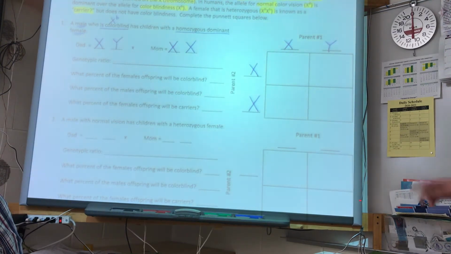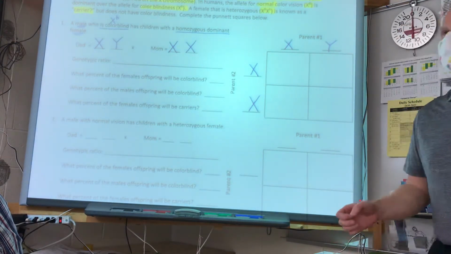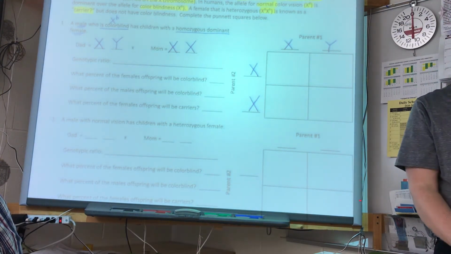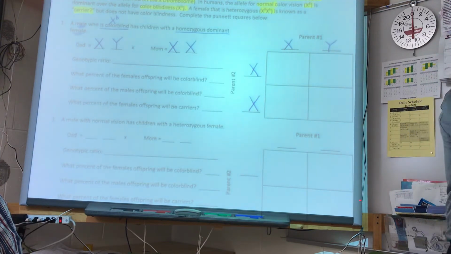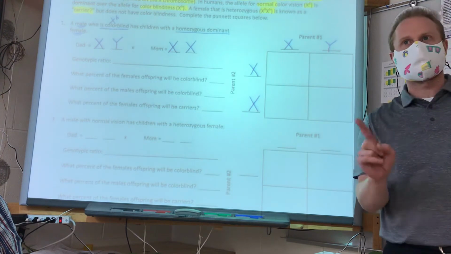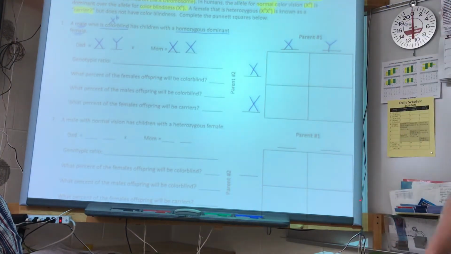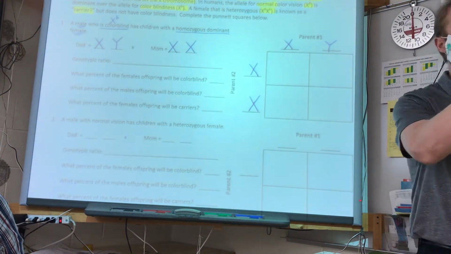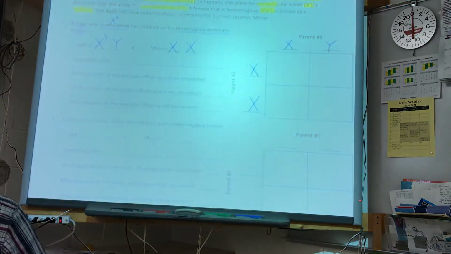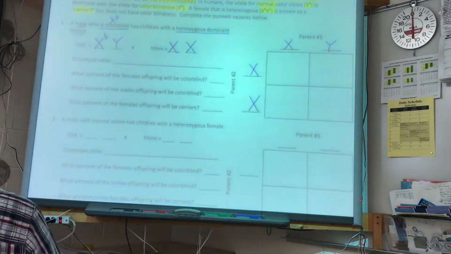A man who is colorblind has no dominant allele, so he does not have any X big B's. He only has X little b's. How many X's does dad have? Only one. So that X little b is the one and only X that he has.